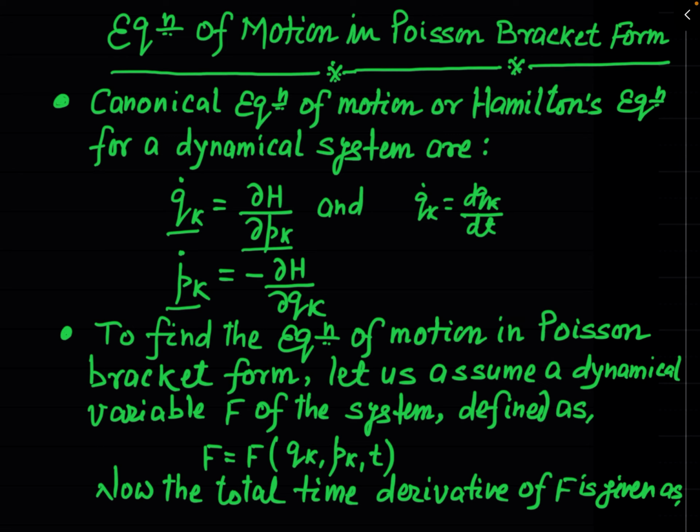For this purpose, let us consider a dynamical system and define a dynamical variable, say f. This variable f is a function of the canonical variables qk, pk and t, where k runs from 1 up to f, the degrees of freedom of the system.